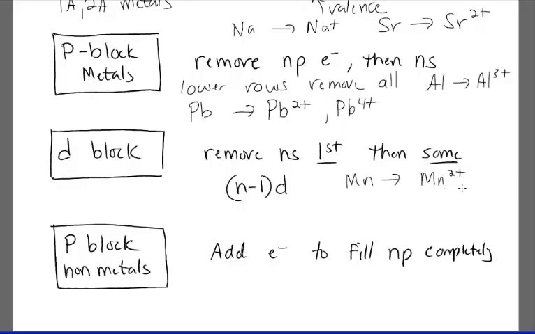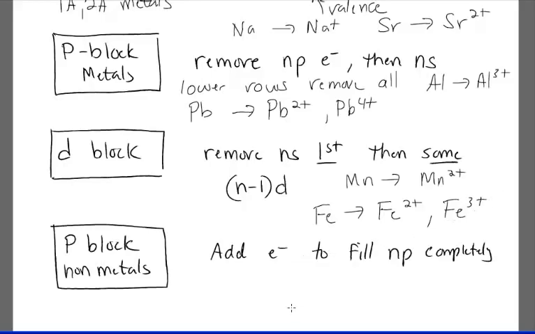When you make it 2+, you take away the s electrons, not the d electrons. And also iron. Iron becomes Fe2+ by removing just the s electrons, but it also can become Fe3+ by removing 1 of the d electrons.